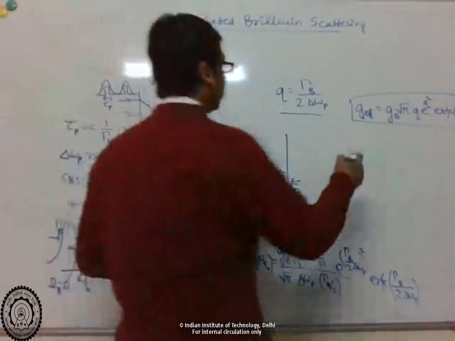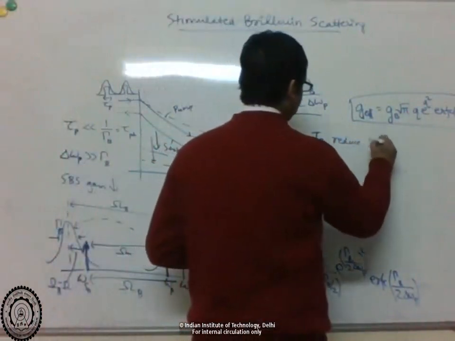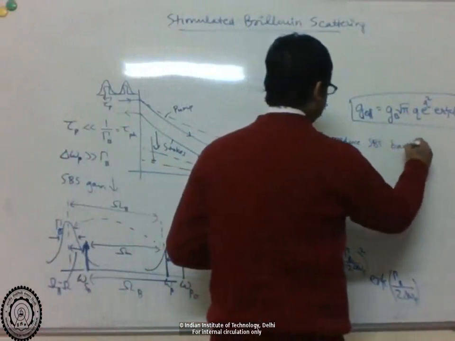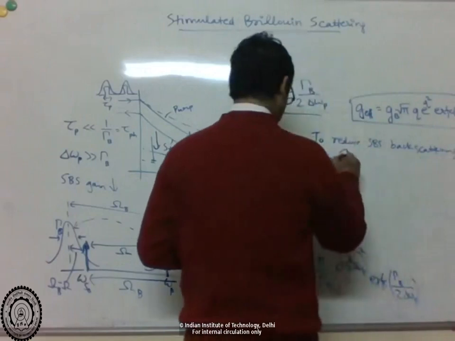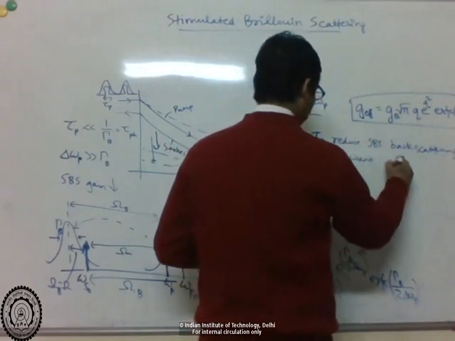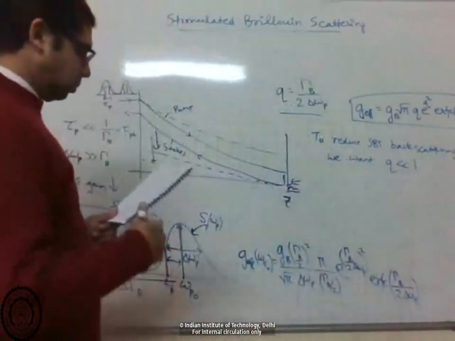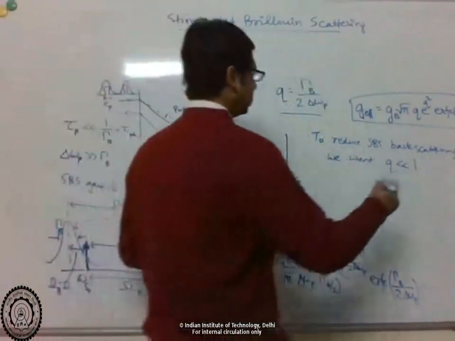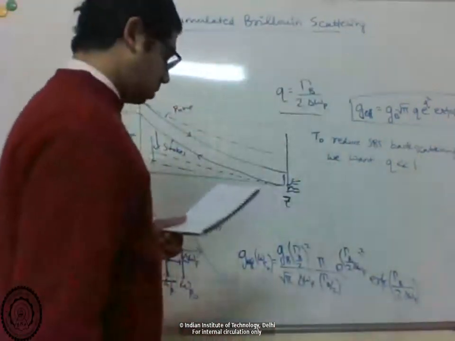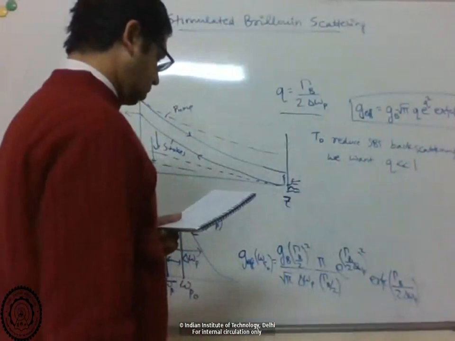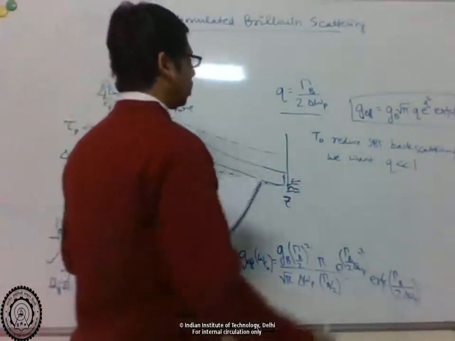Basically, to reduce SBS backscattering, we want this Q to be less than 1. Equally, this delta omega p should be bigger than gamma B.